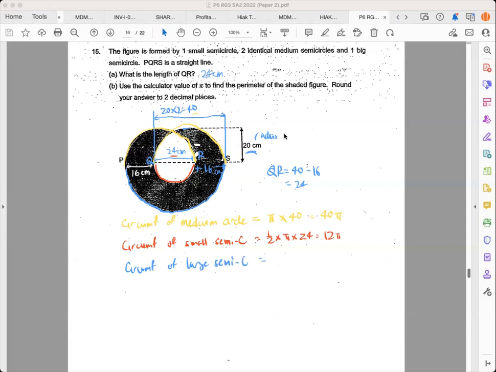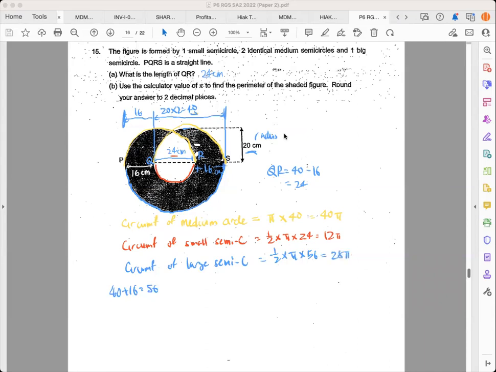So the large semicircle diameter is 40 plus 16, which gives you 56. So 56 is the diameter of the large semicircle. So it's from here to here, 40 plus 16, also 56. Okay. So half times pi times 56, which is the diameter, and you get 28 pi.